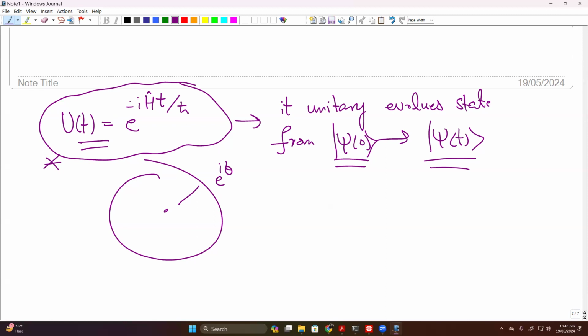There is no friction, and there are no external agencies taking energy out of the system. Only then will the system evolve unitarily, and the probabilities remain conserved. So this is a crucial point to note: the state will only evolve unitarily if the system is closed and not losing any energy to the environment.